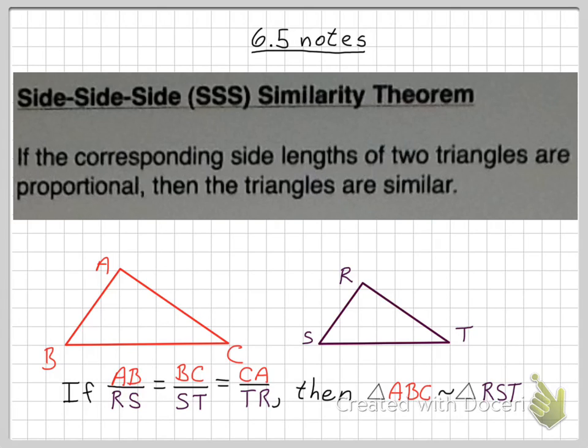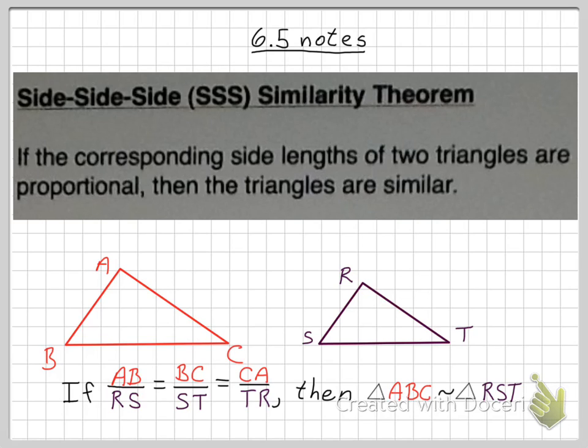So what that means is if you have, for example, side AB, which is going to be proportional to side RS, and you have BC proportional to ST, and if you have CA, this side here, proportional to TR.